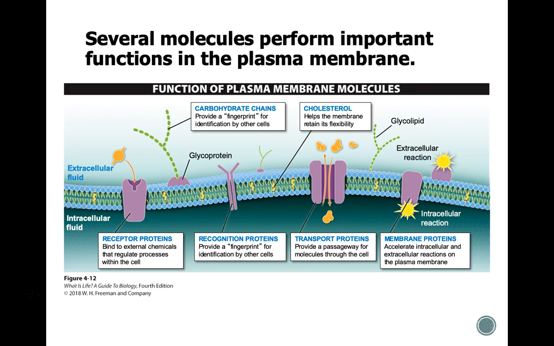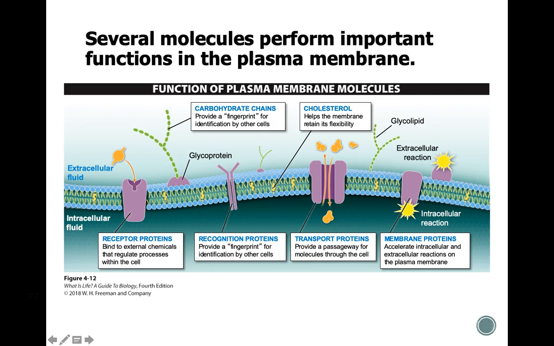These recognition proteins can also help in allowing cells to adhere to one another or to a substrate, which is just something that a cell attaches to, depending on the situation. So those carbohydrate proteins are really important. The specific name for that is a glycoprotein. Glyco meaning glycogen, which is a sugar molecule or a carbohydrate.